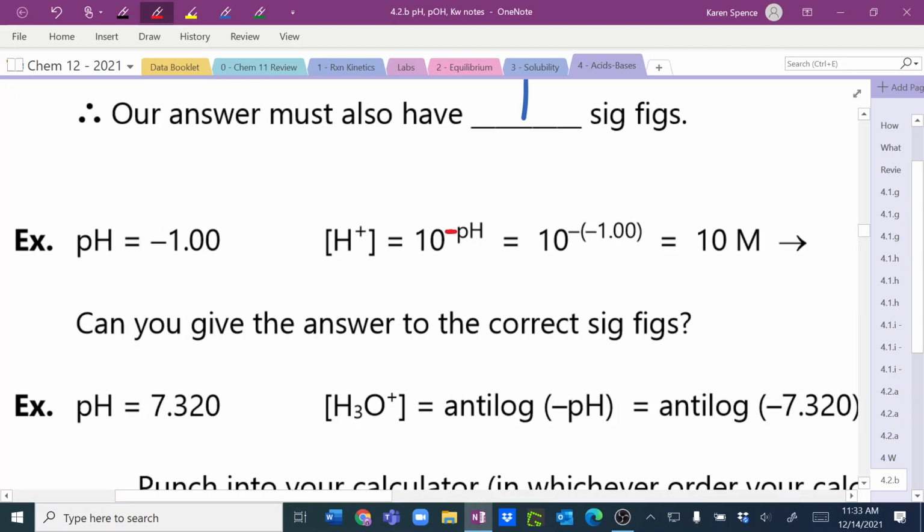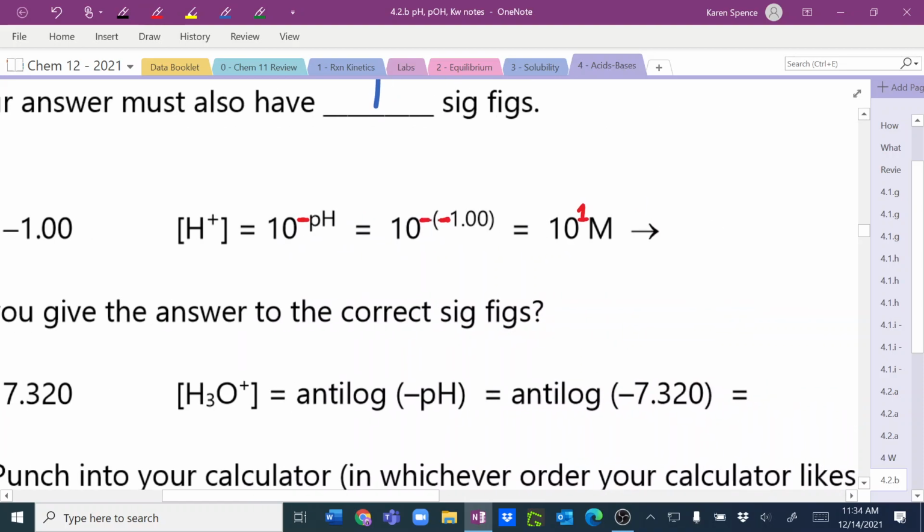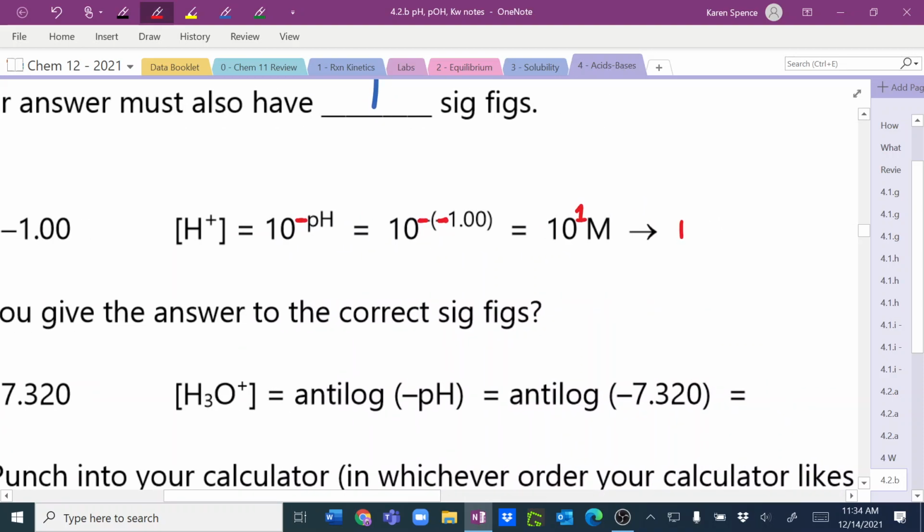So if pH is already -1, we have to make it the negative of -1, which is 10 to the 1. So that's then going to become 1 times 10 to the 1 molar is how we'll write it.